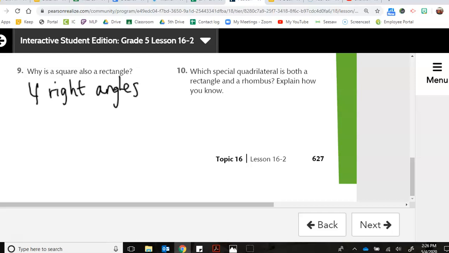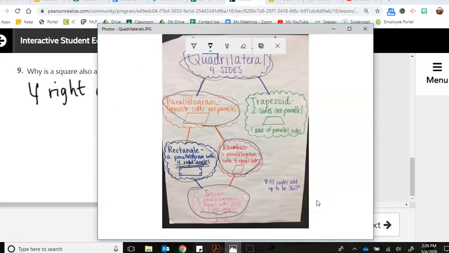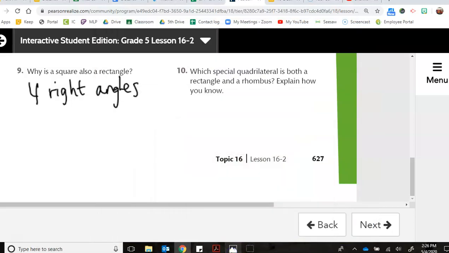Okay. Number 10. What special quadrilateral is both a rectangle and a rhombus? So I'm going to look back. What is a rectangle and a rhombus? Well, if I go down to each of those, I get a square. And the reason is because the square has 4 right angles and it also has 4 equal sides.